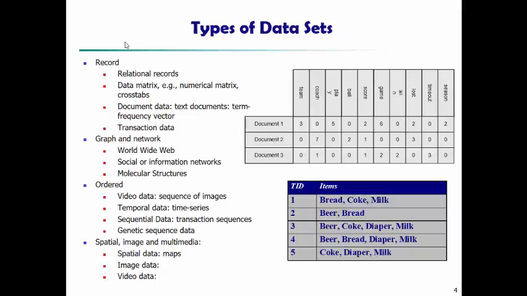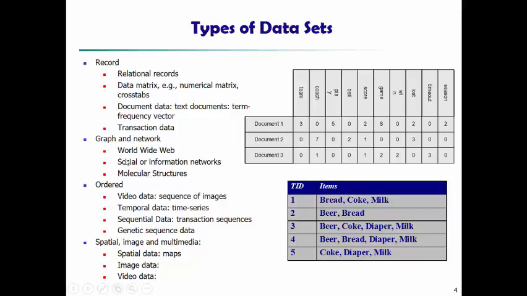You can think of a record of your database. Okay? For example, relational records. I'm not going to explain all of this. It takes forever and forever, right? So record is one type of data set. And graph and network, for example, the World Wide Web or social network.